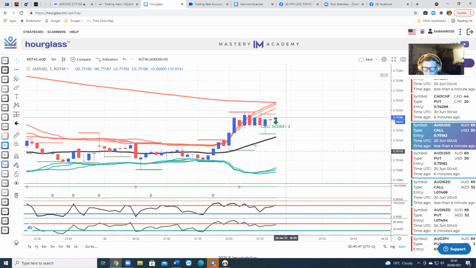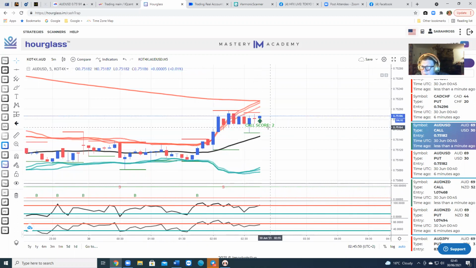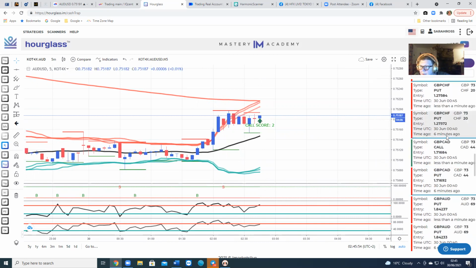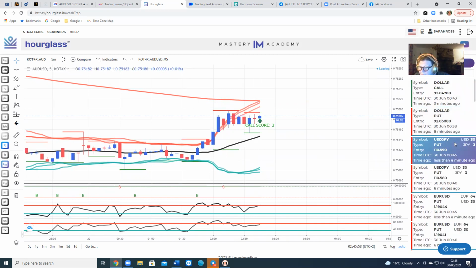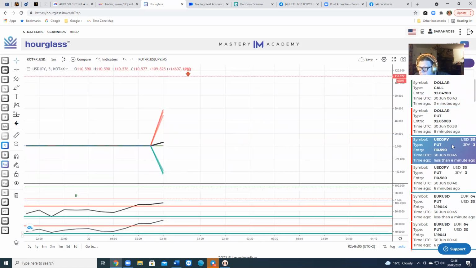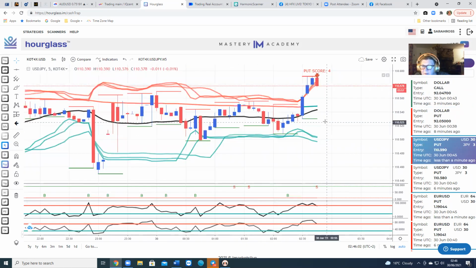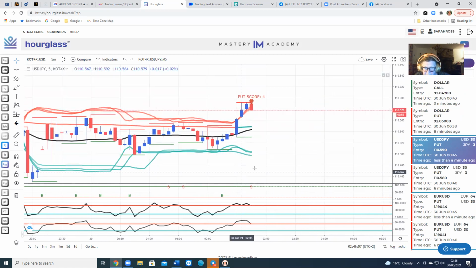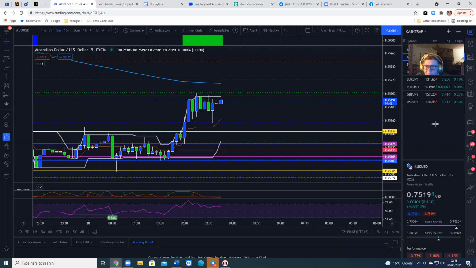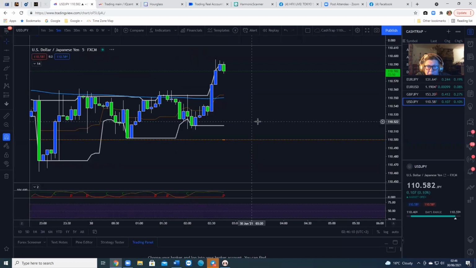Oh, it's all right, it's changed. That's why you need to keep refreshing. So I might have missed USD JPY. The dollar's a call. Oh, it's given us a put at 590. So a put at 590 USD JPY.